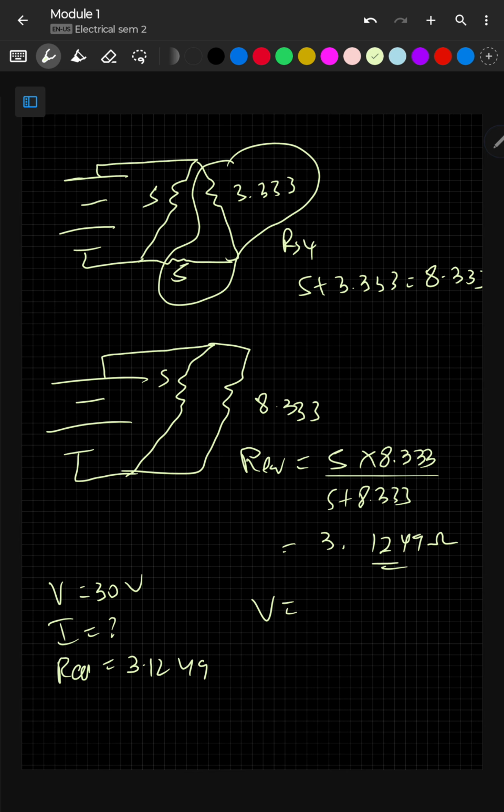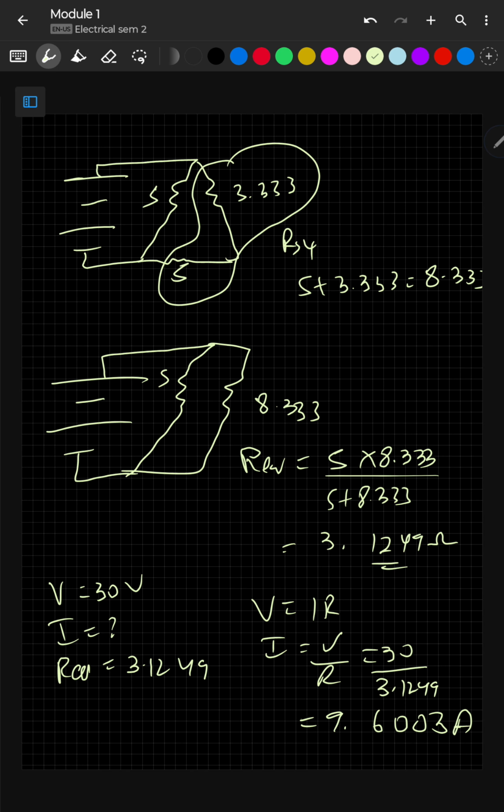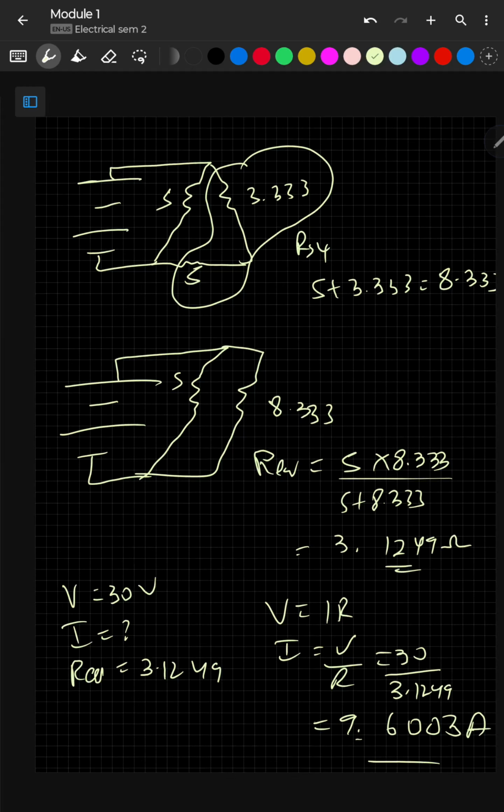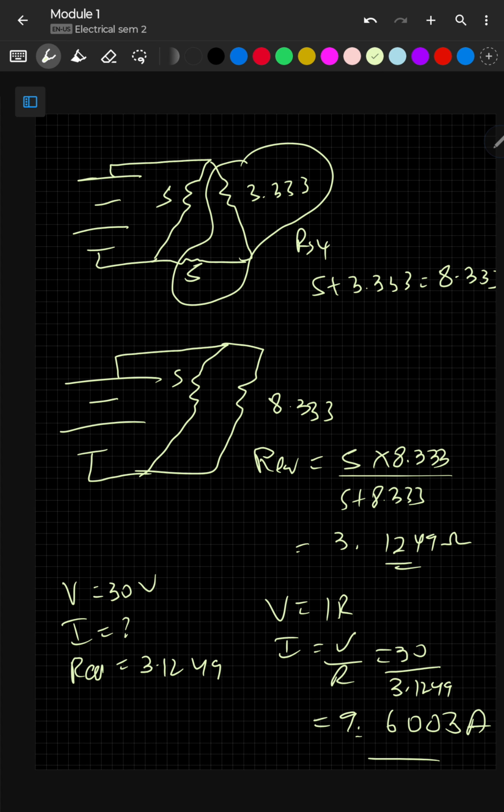So V equals IR, I equals V by R. So 30 by 3.1249, basically 125, but yeah, 30 by 3.1249. Approximately I'm getting 9.6003 amperes. So that was the question.